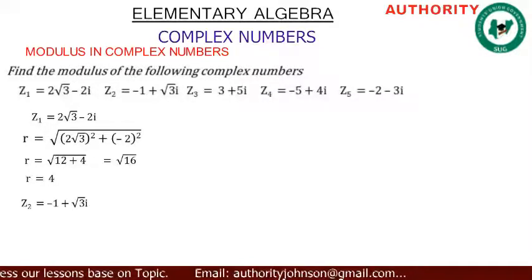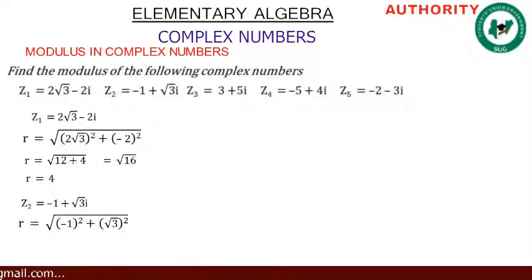Now let's go again, z2. We have z2 to be minus 1 plus square root of 3i. So r is equal to the square root of x squared plus y squared. In z2 we have x to be minus 1, take the square of it, plus y to be square root of 3, take the square of it.